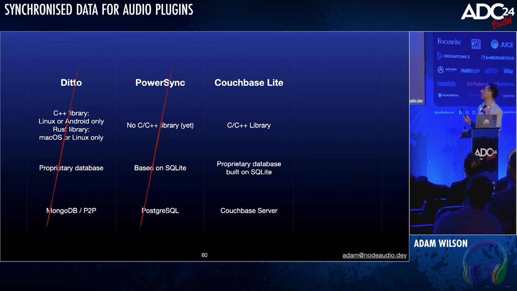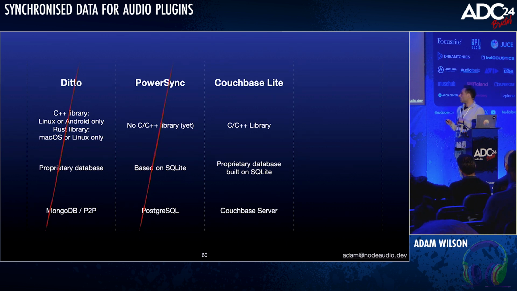So crossing that out. Then I looked at Couchbase Lite again. Okay, it's matured now. There's now a C++ library, and a C library with some C++ header wrappers. The documentation is okay, but you can work it out. It's kind of a proprietary database, but interestingly it's based on SQLite at its core.